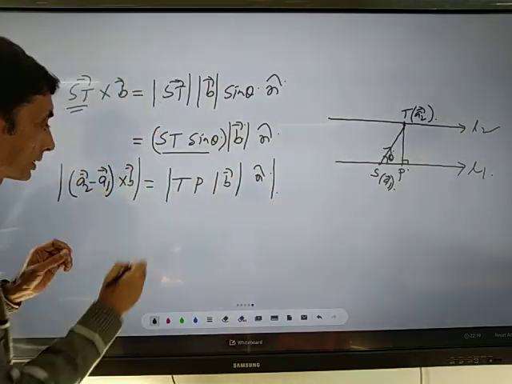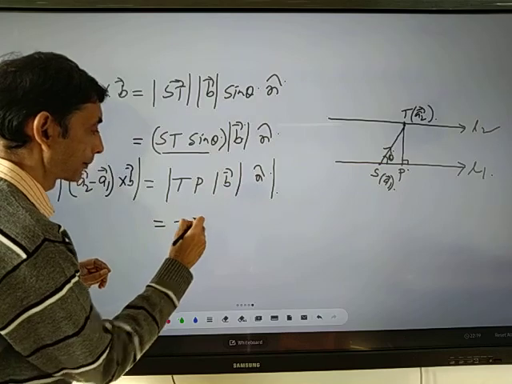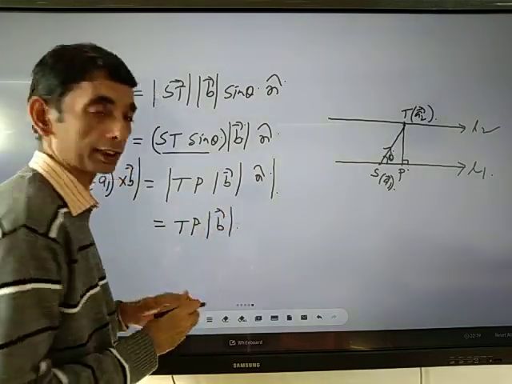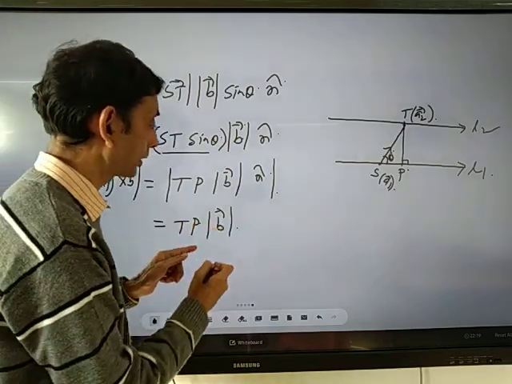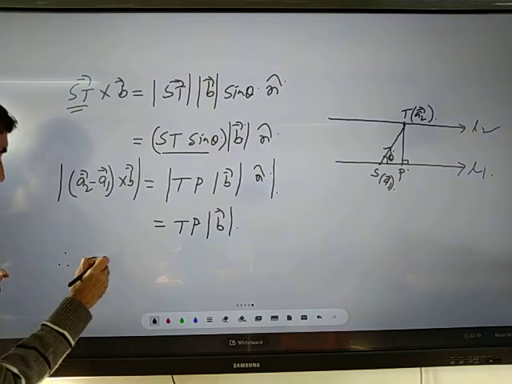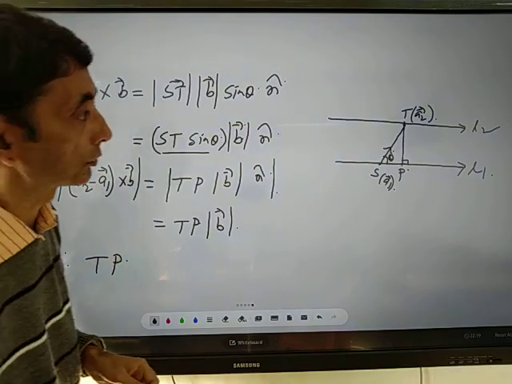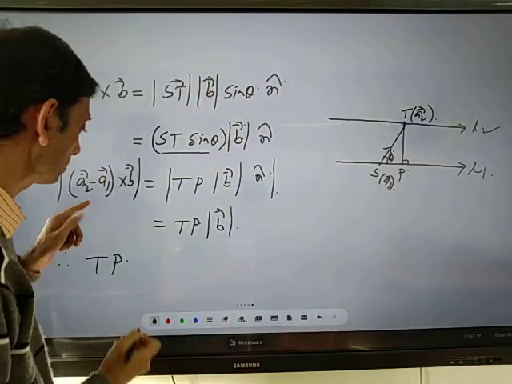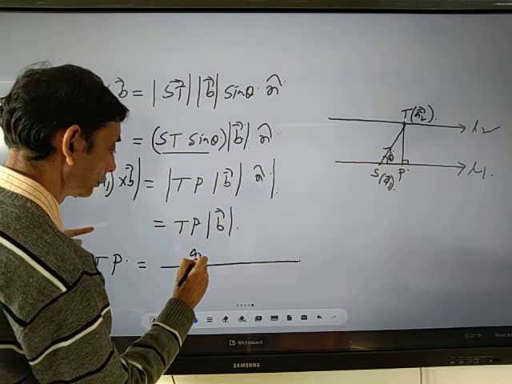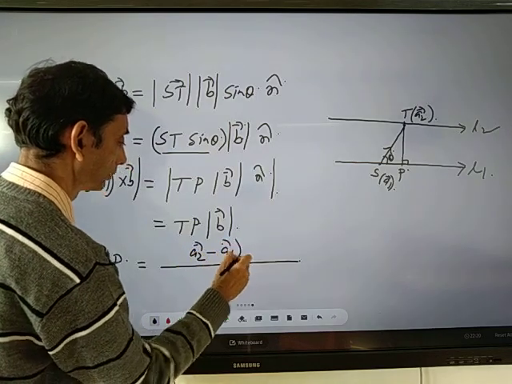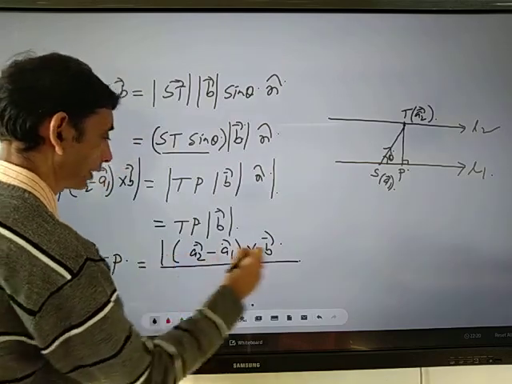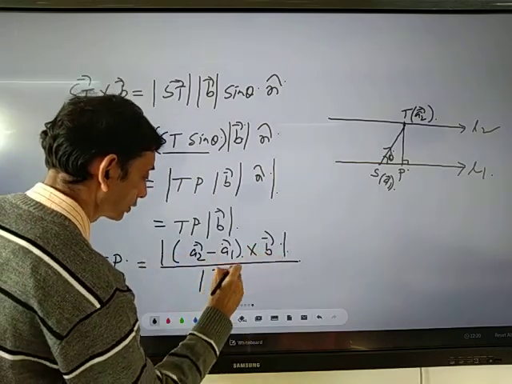On this side this is TP, and this is vector mod b, and mod of n cap will obviously be 1. We are actually interested in TP, so TP is equal to mod of a2 minus a1 cross b, divided by vector mod b.